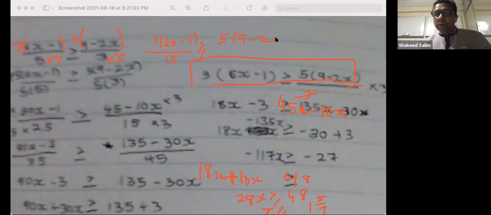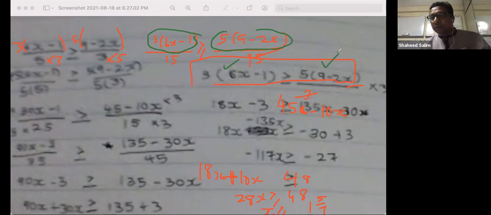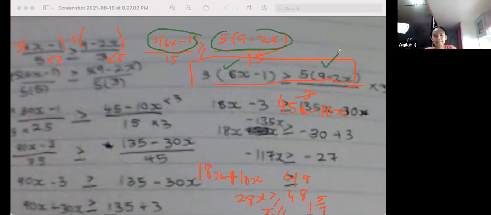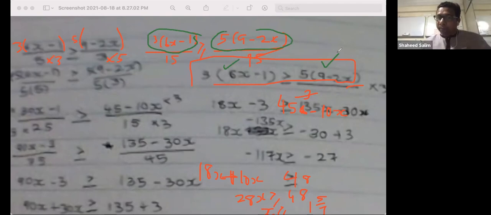Sometimes there are a few ways of doing it. Because the denominator is the same, this top part corresponds to this, which is what we are doing here. Can you see that? 3 bracket 6x minus 1, 5 bracket 9 minus 2x. Are we okay? So you can use the common denominator, but you don't need to actually.